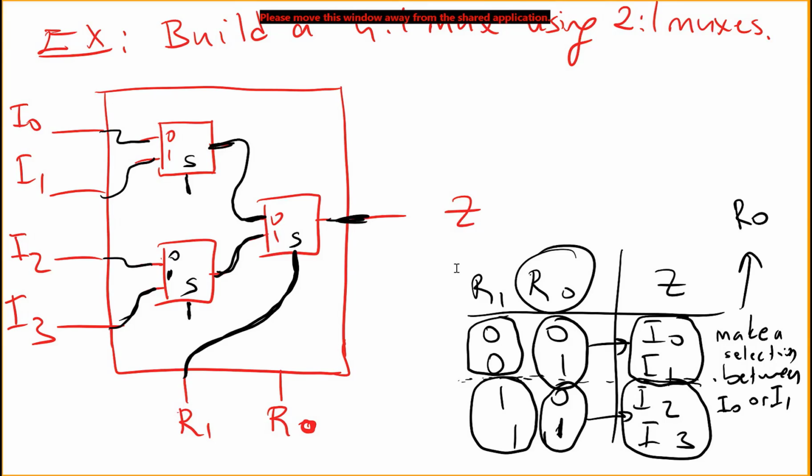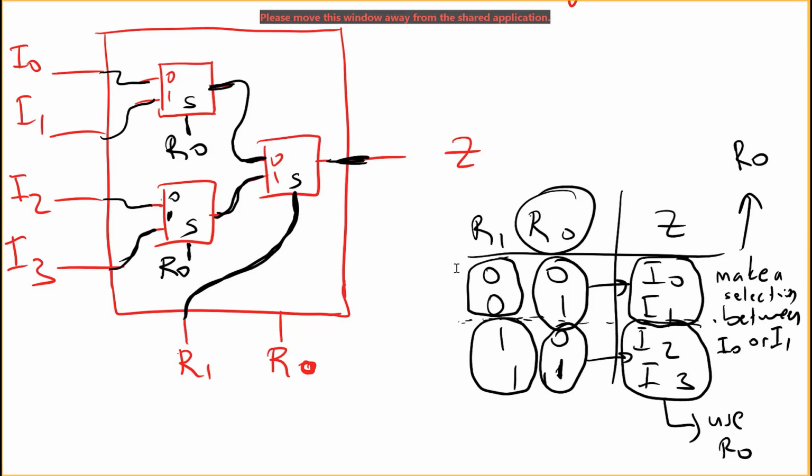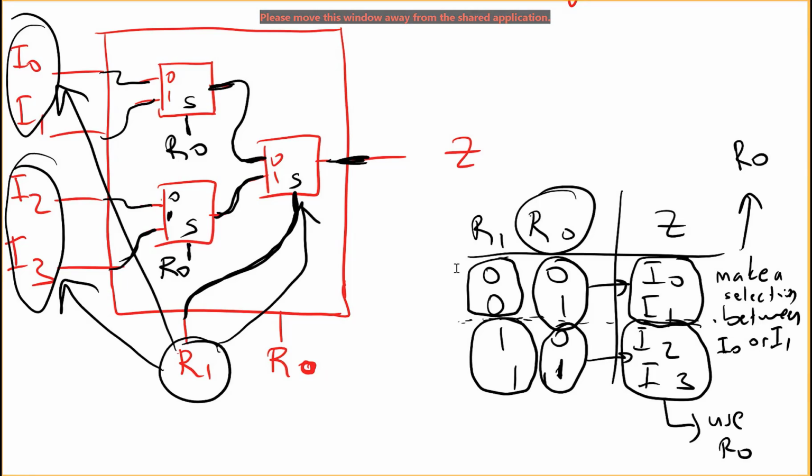So I need to connect my R0 to this multiplexer, and if I need to make a selection between I2 and I3, I need to use R0 again. So this will be R0 again. R0 is selecting between I0 and I1 or I2 and I3. Then R1 is selecting one of this group or this group. That's why I need to connect R1 to the last multiplexer.